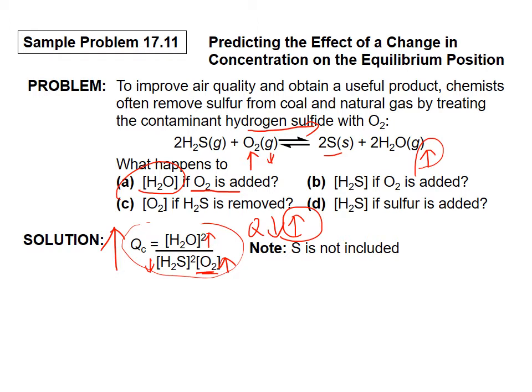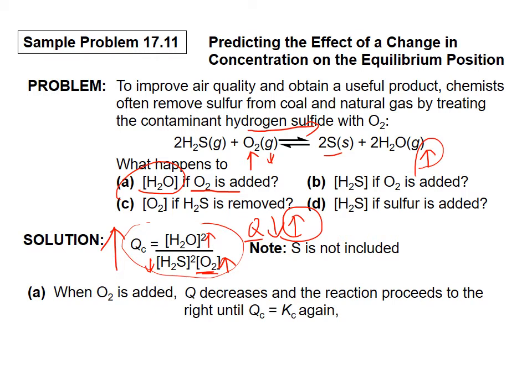So again, by using Q, we can predict that in order to increase Q, because when you add oxygen, Q decreases. So Q is less than K, and therefore in order to increase Q, you need to increase product and decrease reactants, and that's the forward reaction.